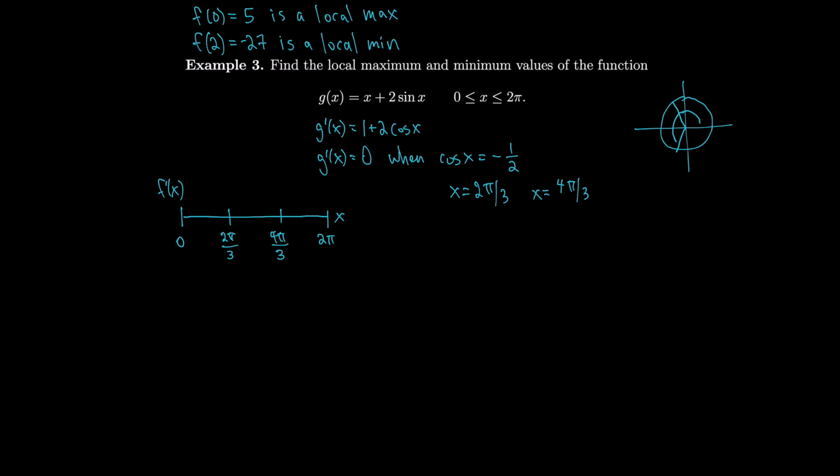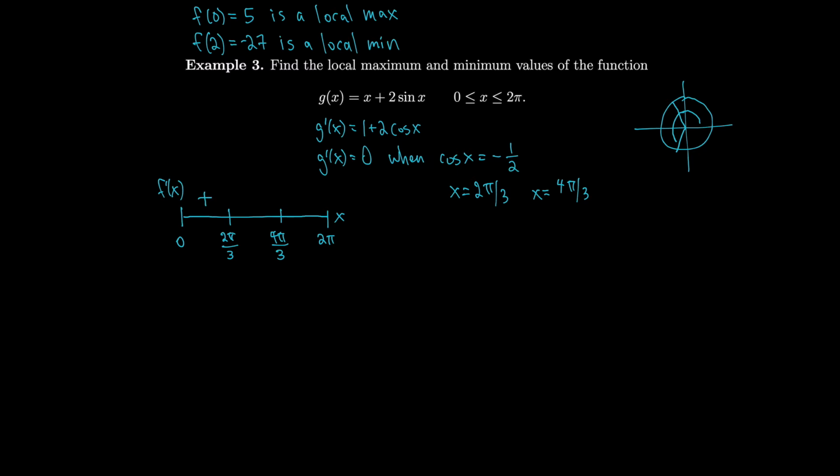So up until 2 pi over 3, going from 0 to 2 pi over 3, it looks like the value of cosine will either be positive or it'll be a small negative number. So it'll be smaller in magnitude than a half. So that means that if you look at the derivative, 2 times the cosine of x will be a smaller negative number than minus 1. So it won't be able to beat this 1 to force the derivative to be negative. The derivative will be positive.